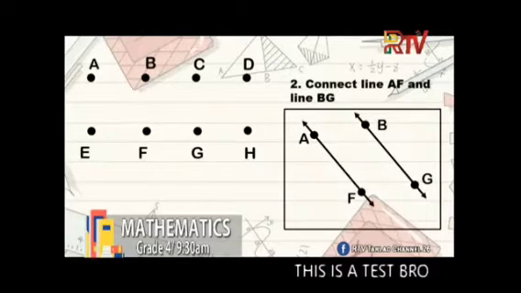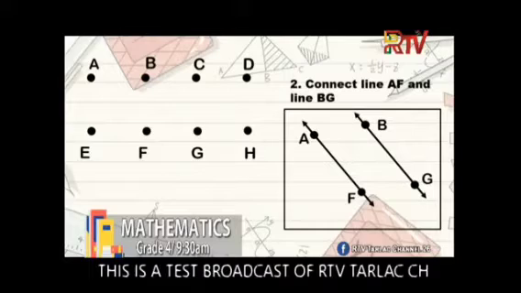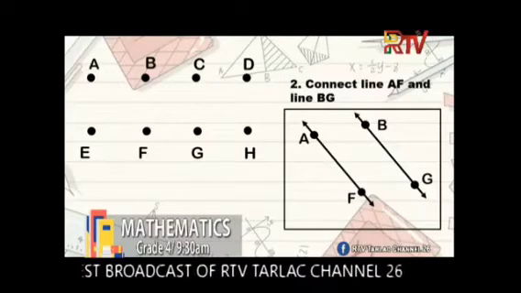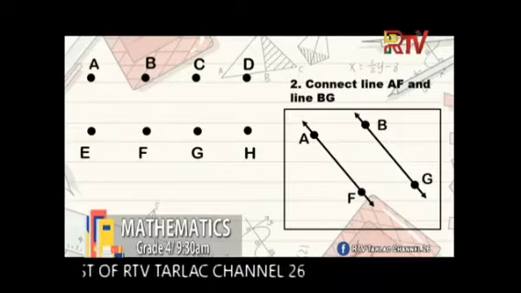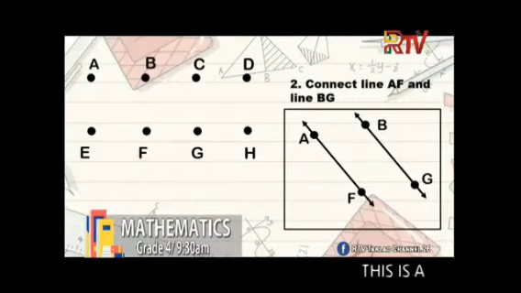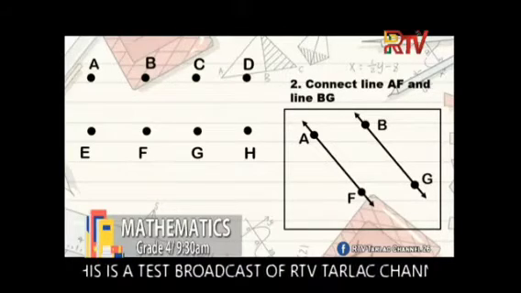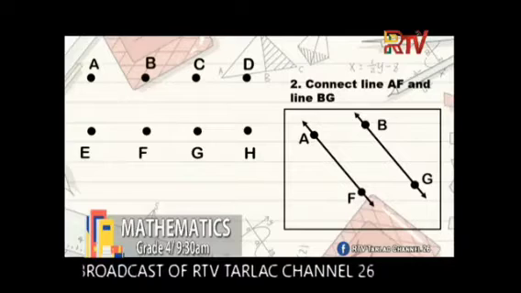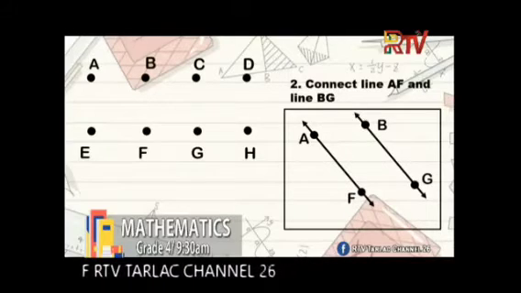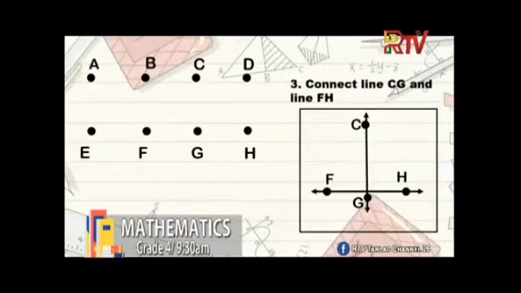Next, number 3. Connect the line CG and FH. Go. Is it like this?